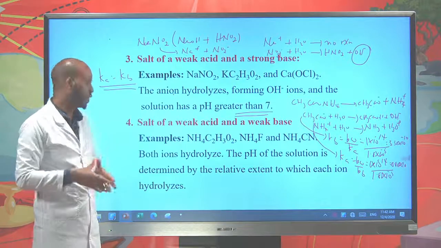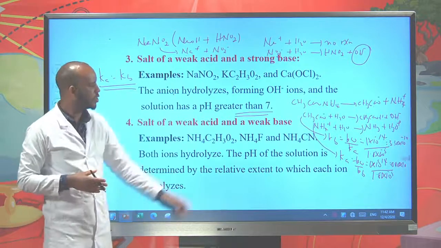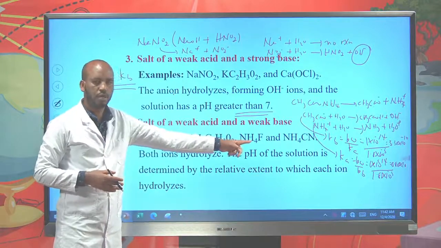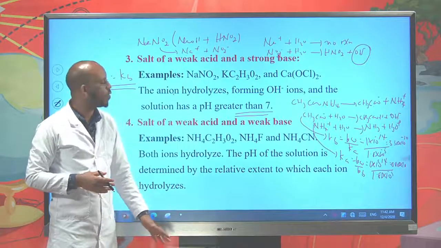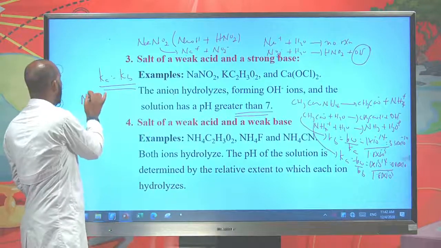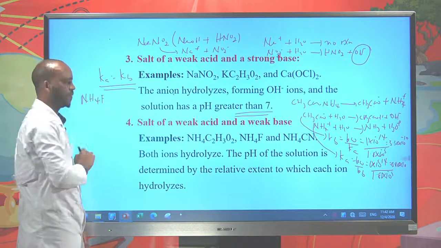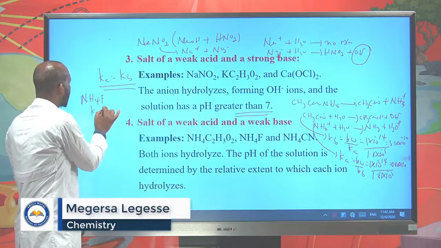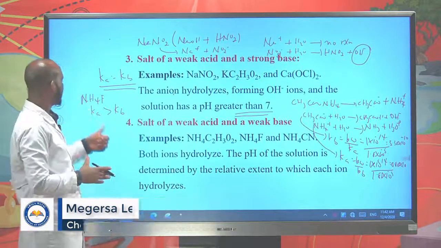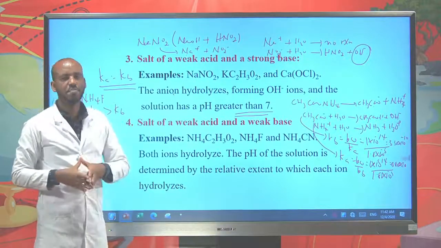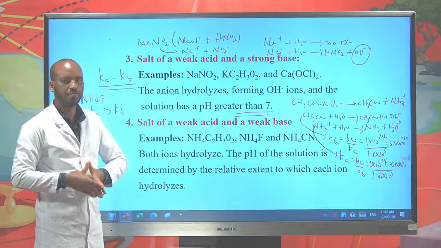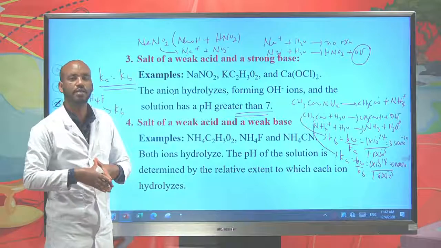Its pH is 7. On the other hand, ammonium fluoride is a salt derived from a weak base, ammonia, and a weak acid, hydrofluoric acid. For ammonium fluoride, K acid is greater than K base. This implies that excess hydronium ion is produced in the solution and the solution becomes acidic. The pH of the solution is less than 7.